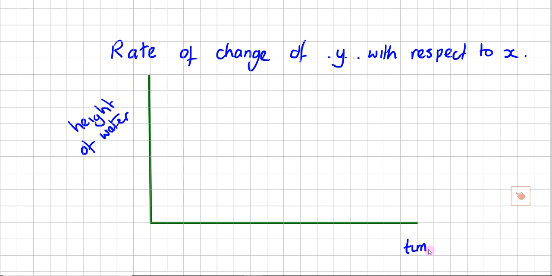What's the difference? Well, x is what we call it when we have no label for it. So if I call it height of water, I could say it's y, but I could also call it h. And instead of time, I could call it t. It's not always x and y.